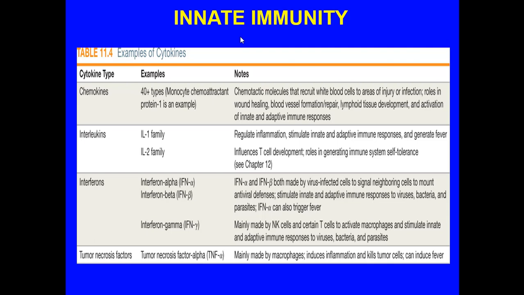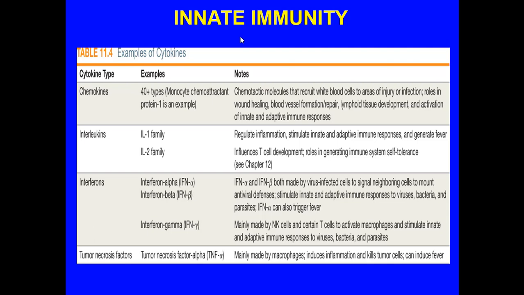They will also stimulate innate and adaptive immune responses to viruses, bacteria, parasites. Now, keep in mind, again, you can have some side effects, if you call them side effects. It is important to recognize the importance of fever, and we'll talk a little bit about that in a little while. Gamma is made mainly by the natural killer cells and certain T cells. What it does is it activates macrophages. It stimulates the innate and adaptive immune responses, again, to viruses, bacteria, parasites.